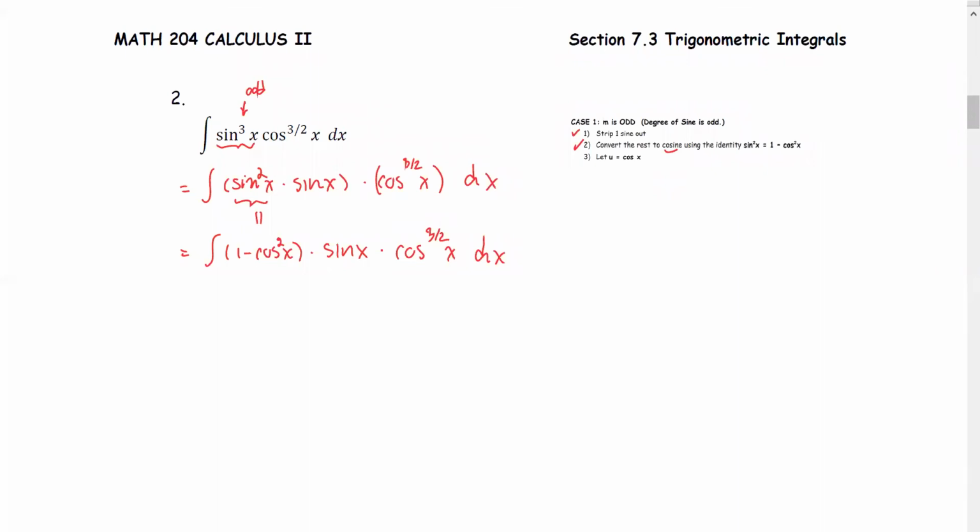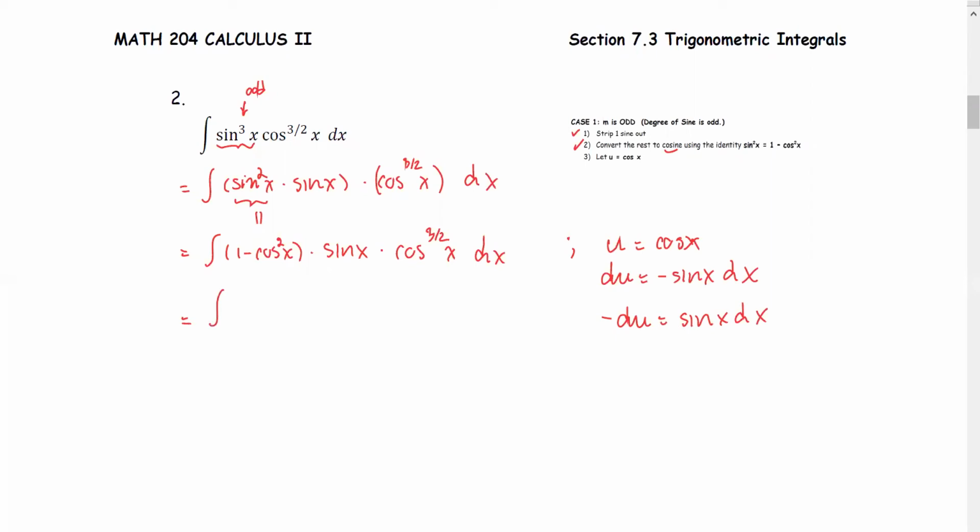Step number 3, let u be cosine x. U equals cosine x. The differential of u is negative sine x dx, or negative du equals sine x dx. Now we're going to use the u-substitution technique.